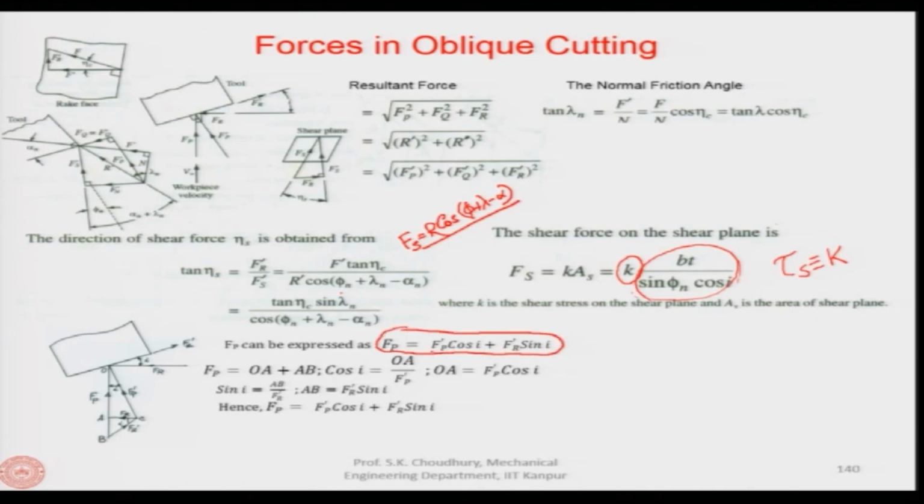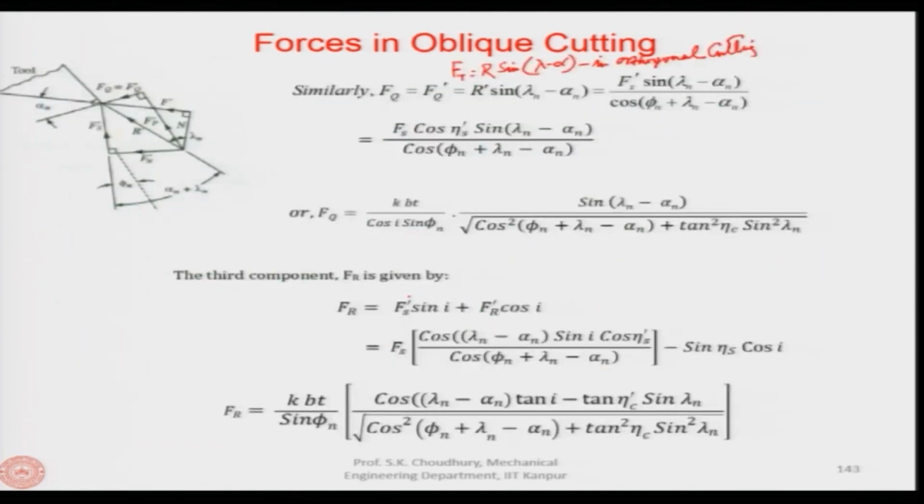So, therefore, in case of Fr, it will be Fs prime sin i plus Fr prime cos i, because they are perpendicular. So, similarly, here you put the values of Fs prime and Fr prime that we found out earlier, and the final expression can be written as this. So, these are similar, right.